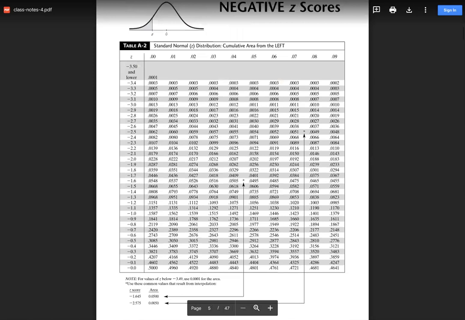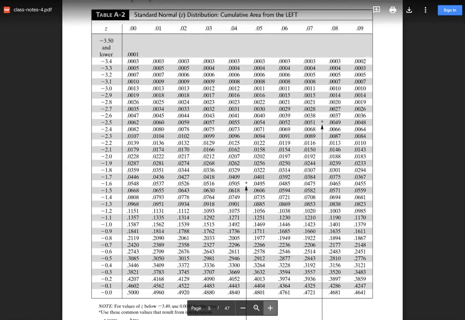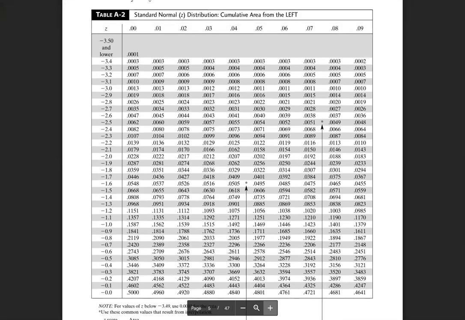Okay, so now let me go ahead and do this. You look inside the table and you look for a value that is closest to 0.025. This is a special value. It's not too far off 0.025. You will get the exact value.